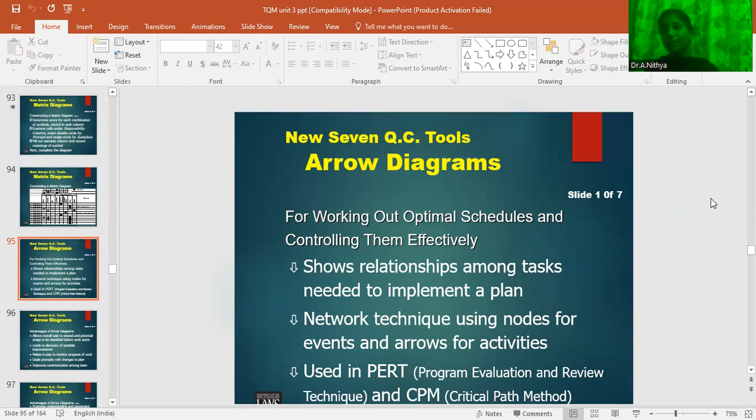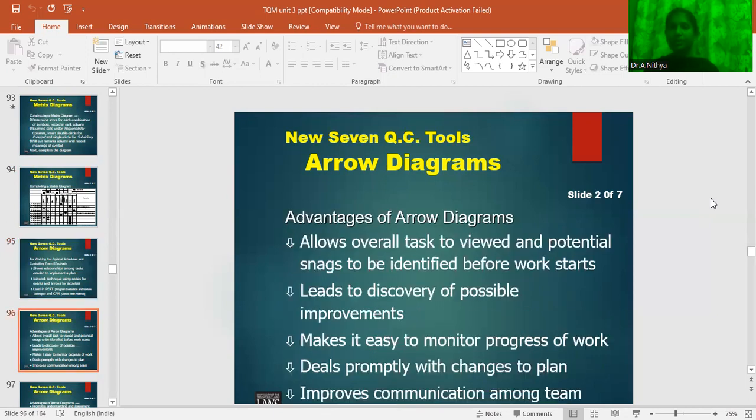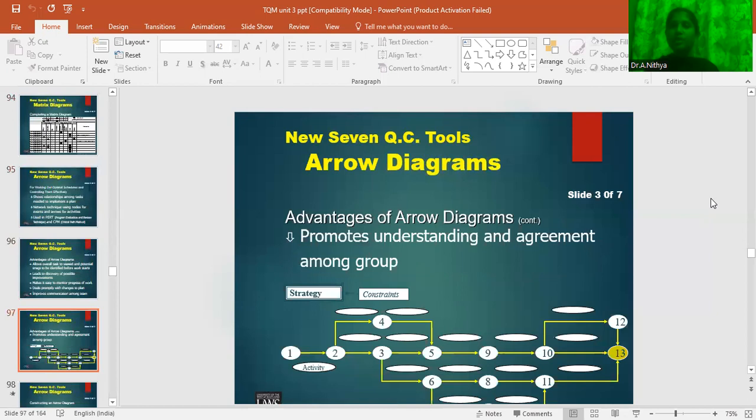So it is otherwise known as a network diagram. So this is how the arrow diagram or network diagram is drawn. The arrows are in between activities, so one activity is connected with the other activities.